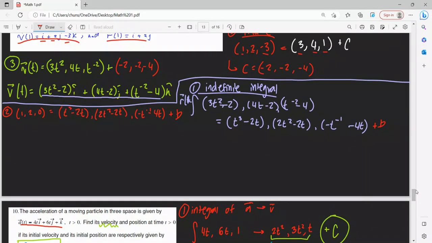Then what we're going to be doing next, plug in 1 for t. So that's 1 minus 2, negative 1. And then that's 2 minus 2, got 0.